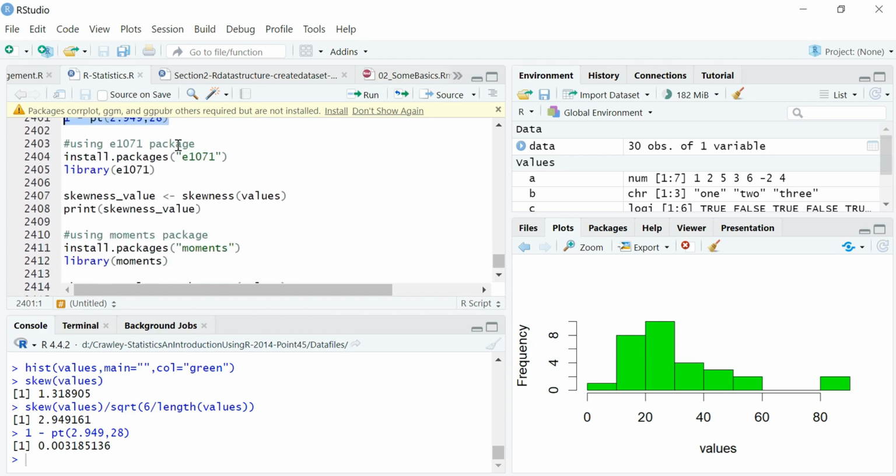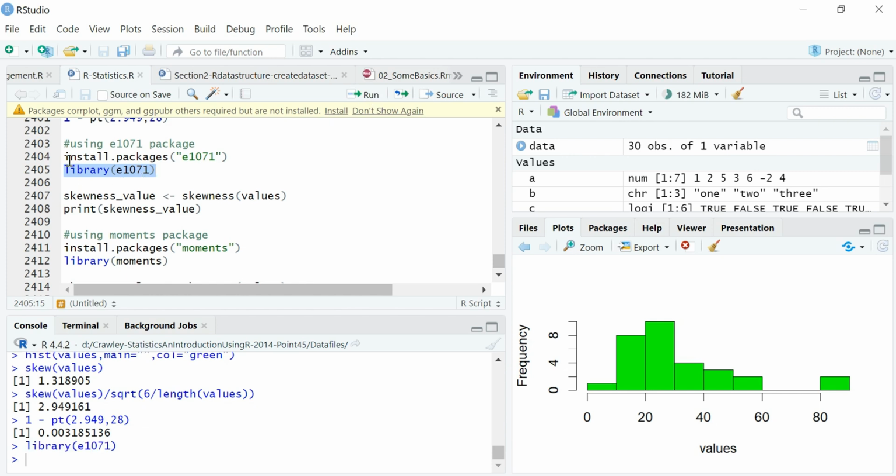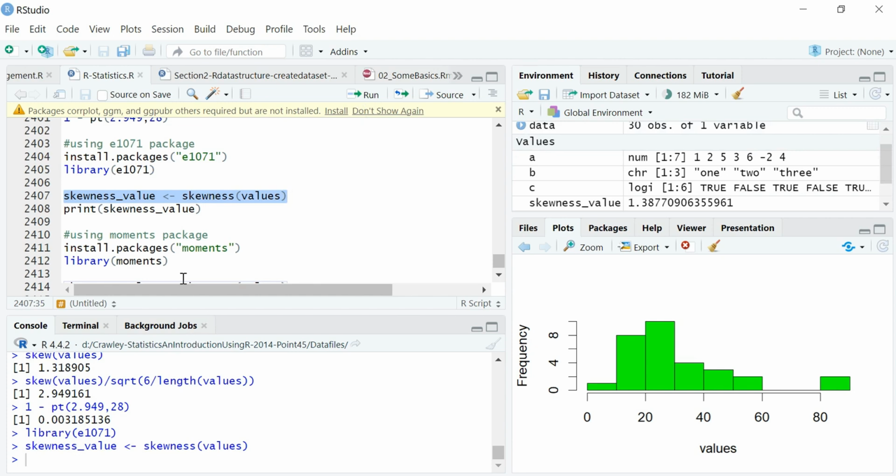In this example, we wrote a function for calculating the skew from the ground up. But you can also use some library in R, for example e1071. Just load this library, but you have to install it first. Then you can directly use the skewness function from this package.